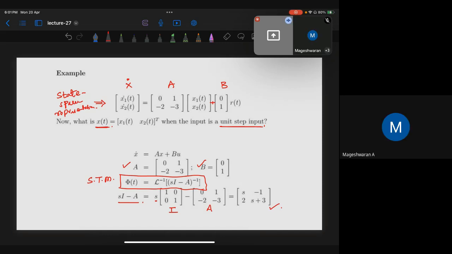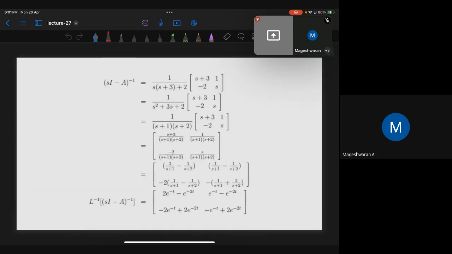Once we have that, what is our next step? Take the inverse of this matrix. You already know how to take the inverse of a matrix. A inverse is adjoint A by det A. So this is the determinant, and this is the adjoint.